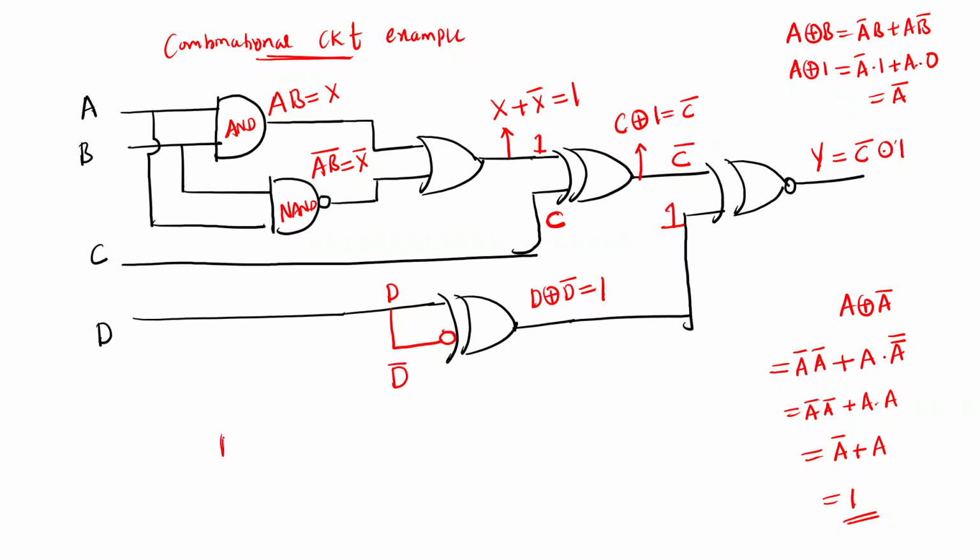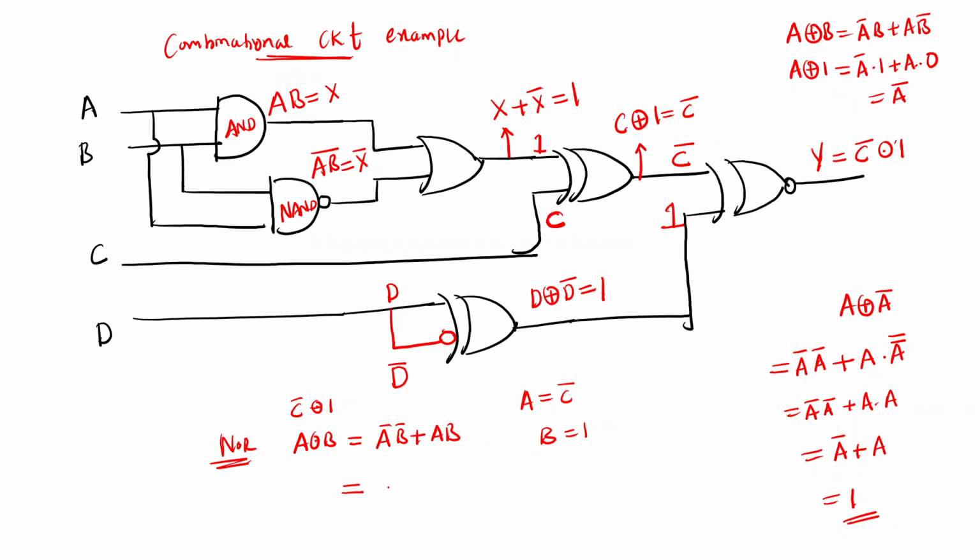For the XNOR gate you know that A XNOR B has the expression A bar B bar plus AB. Comparing with C bar XNOR of 1, in place of A you have C bar and in place of B you have 1.